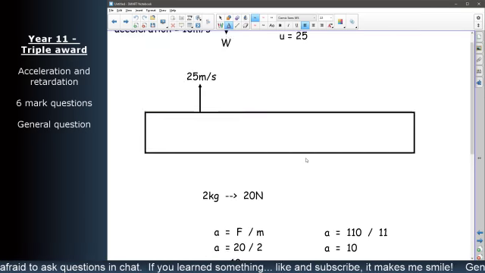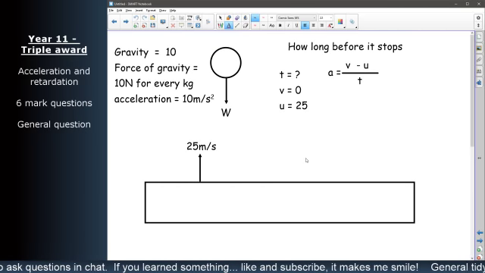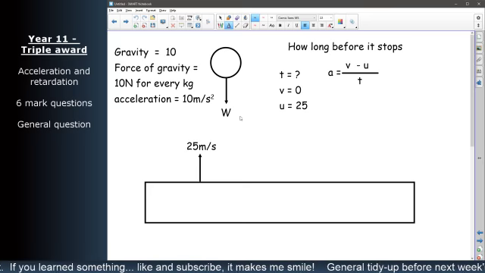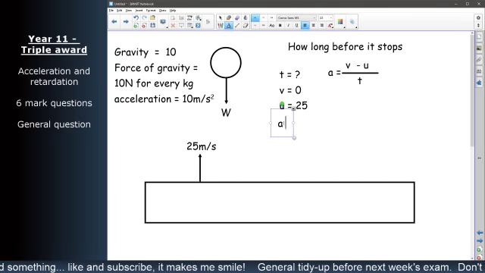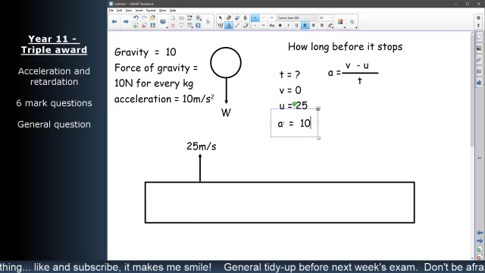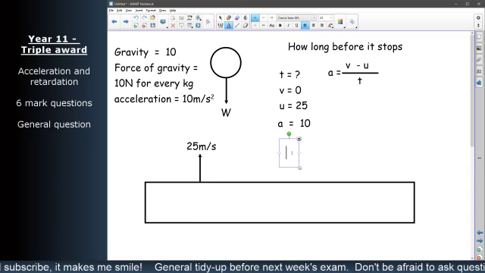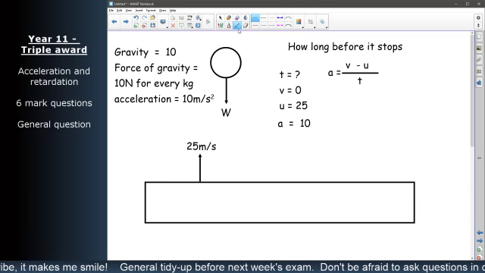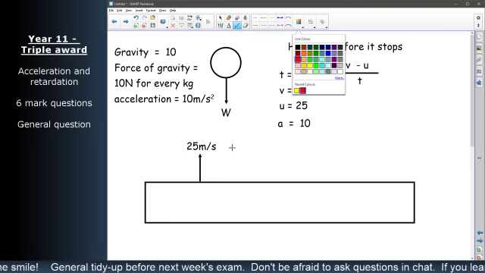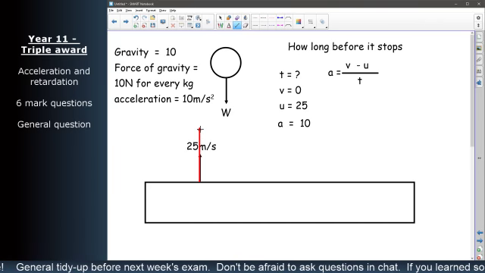So in the very specific situation, and this is important, in the very specific situation where the only force acting on an object that's falling is its weight, it will fall with an acceleration equal to 10 meters per second squared. But that's not all. Because of the fact that these are vectors, we have the following situation, that our initial speed, I'm going to put this in red, was in the upwards direction.